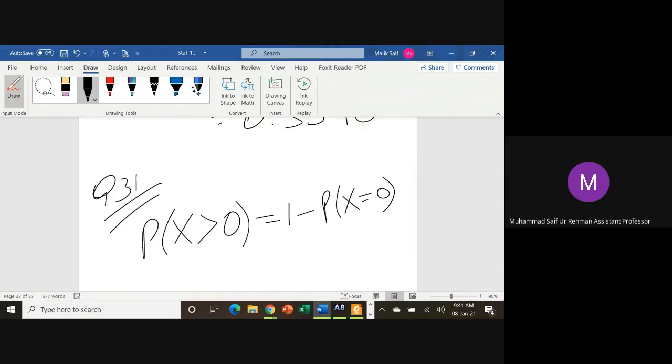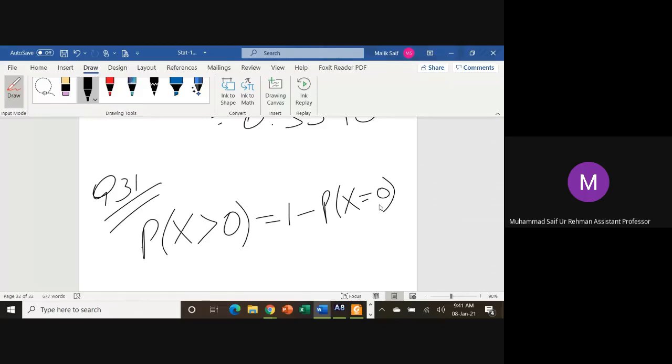Because this is the only possibility. If x is greater than 0, you are going to use the complement rule. The values greater than 0 are 1, 2, 3, 4, 5, 6 up to infinity, and less than this is 0. So 1 minus, if you subtract, it means in this interval 0 is not there.